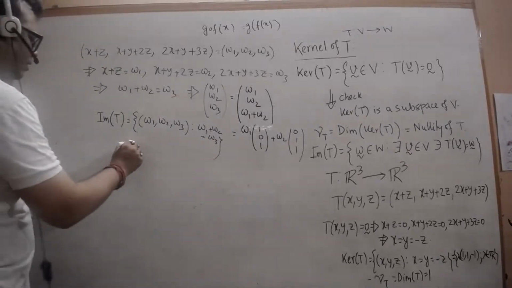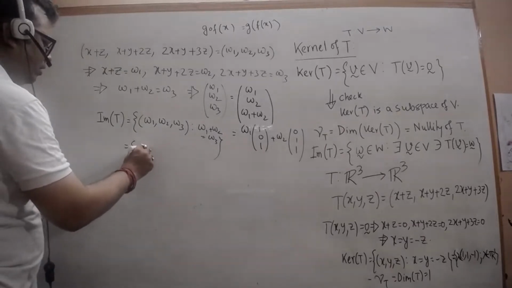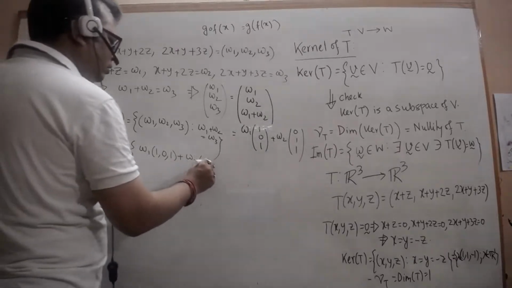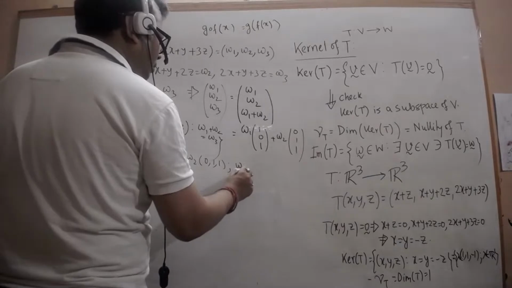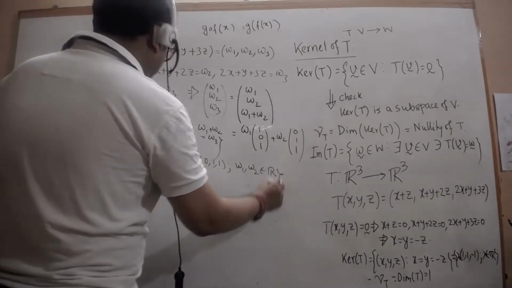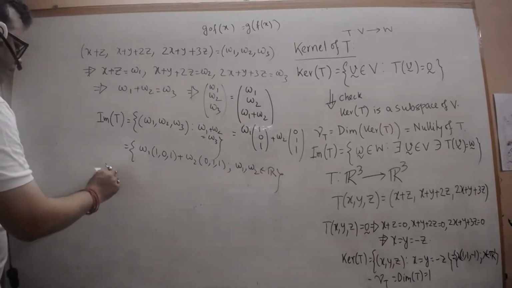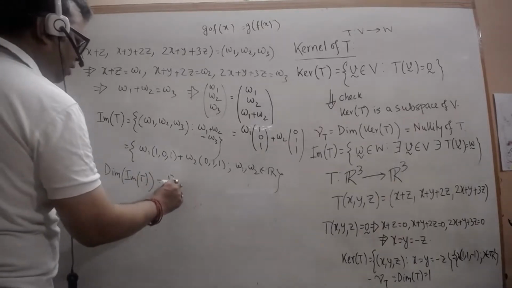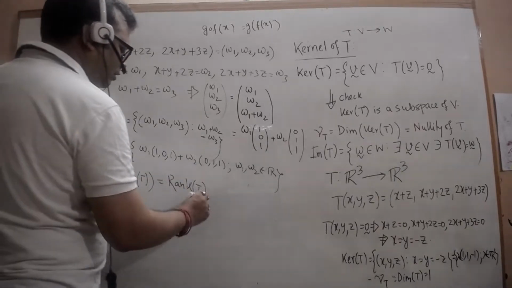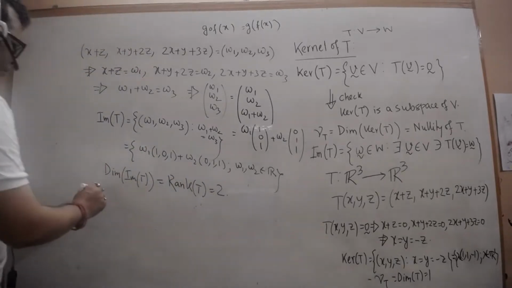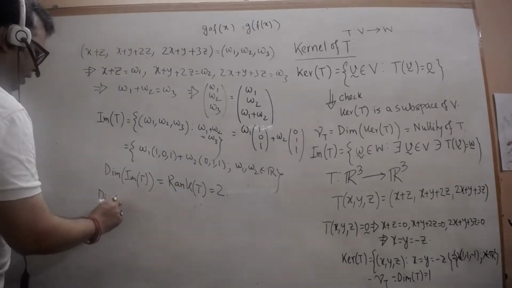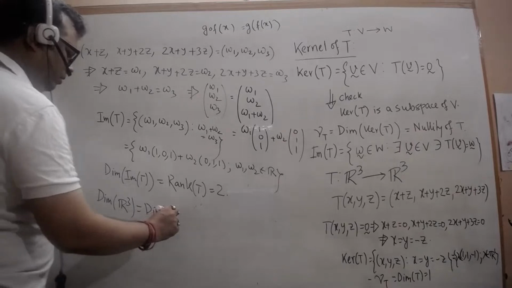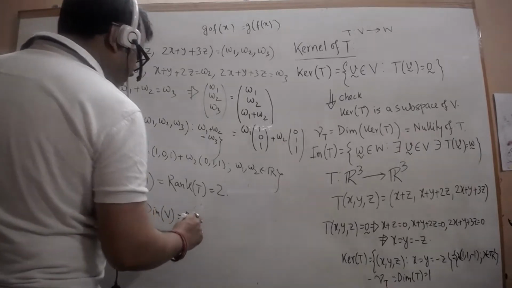So another representation is the collection of vectors W1 (1, 0, 1) plus W2 (0, 1, 1), where W1, W2 belong to R. So the dimension of image of T, which is nothing but the rank of T, is 2.